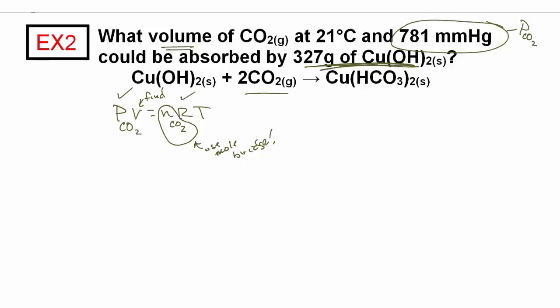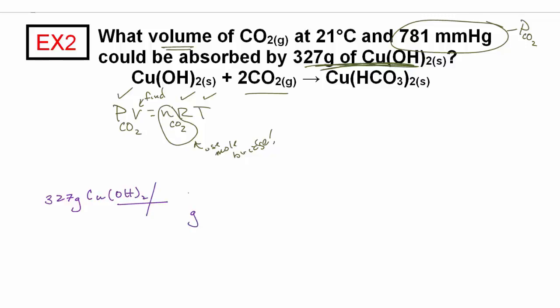We know the gas constant, we know the temperature, we're good to go. So let's start out by converting those 327 grams of copper hydroxide into moles of carbon dioxide. 327 grams copper hydroxide.